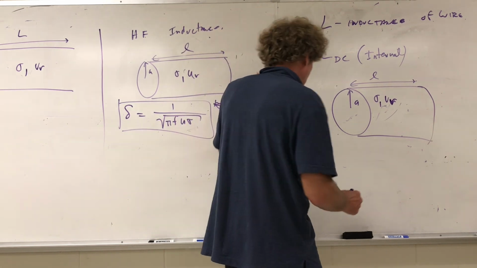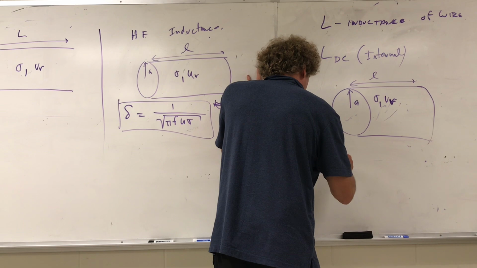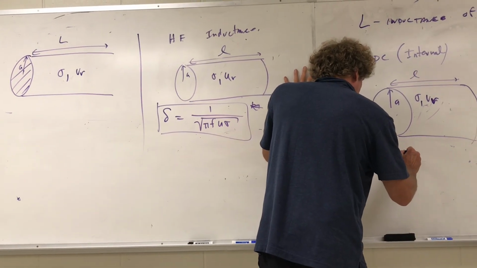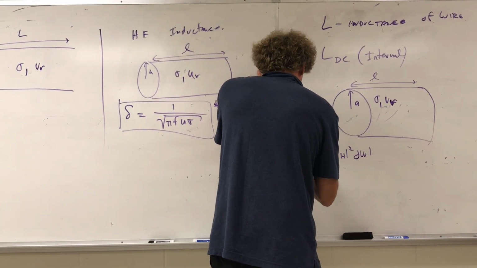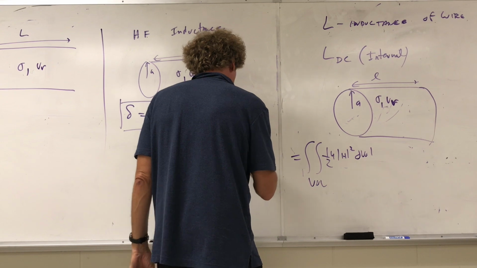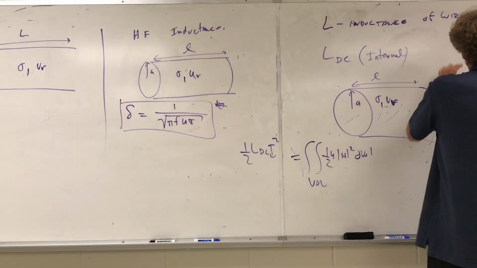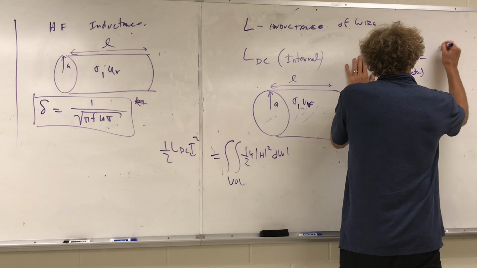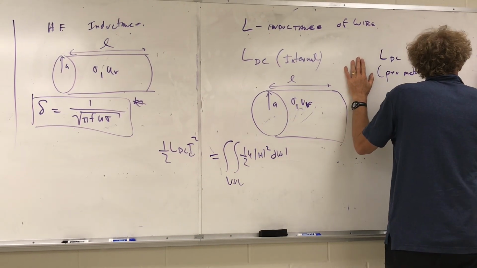The formula, I'm not expecting you to do it, would be a double integral, 1/2 mu magnitude of H squared over the volume of the wire, and that would be equal to 1/2 L_DC I squared. At the end of the day, if you look at L_DC, you write this down, and this is going to be per meter, it is really mu over 8 pi henries per meter.